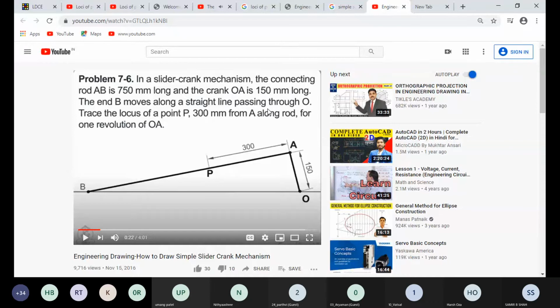There is no thumb rule regarding taking the scale, so you are free to take the scale as per your convenience. Here I consider 1 centimeter equal to 100 mm. It means that OA is equal to 1.5 centimeter, right?